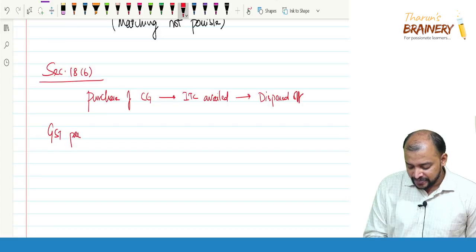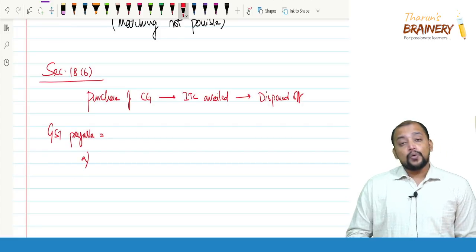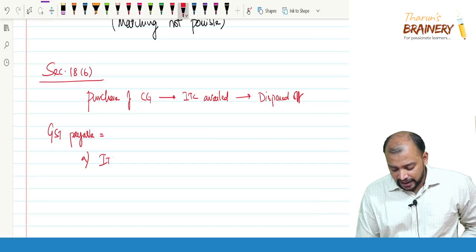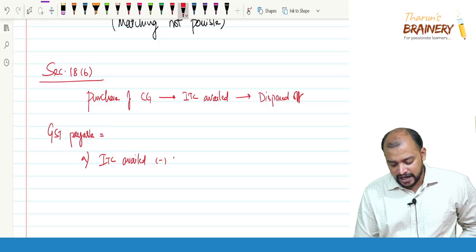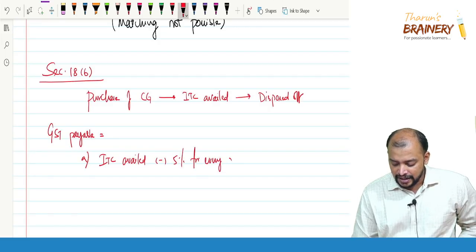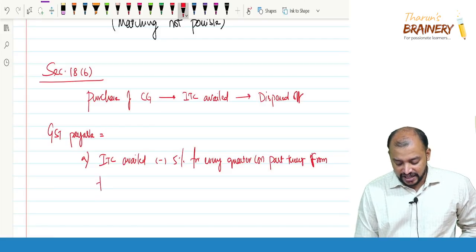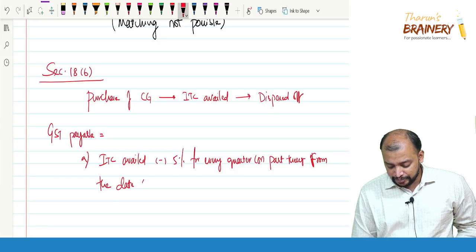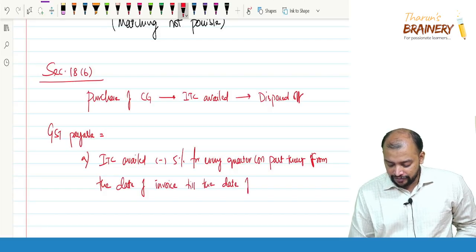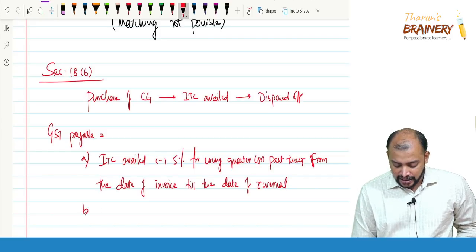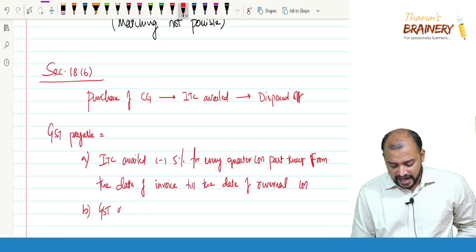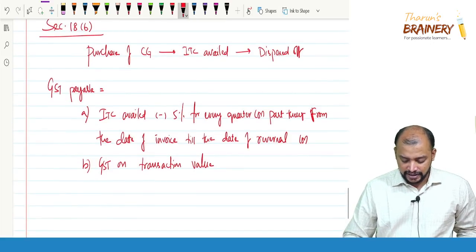GST payable equals A, the original ITC availed minus 5% for every quarter or part thereof, from the date of purchase, not the date of availment, that is the date of invoice, till the date of reversal, or B, GST on transaction value, whichever is higher.